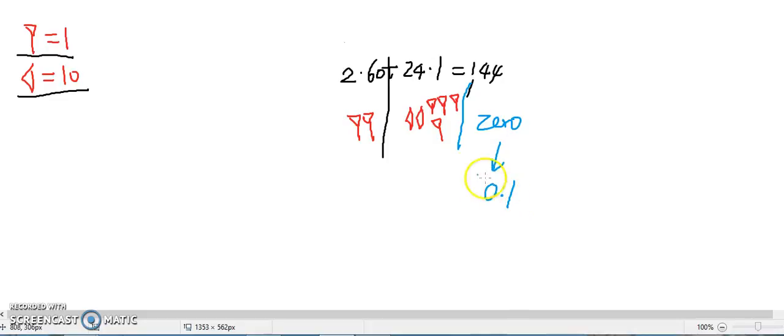So we get 0 ones plus 24 of 60s plus the third place, 2 of 60 squared, and adding together we will get 8,640. So there are different ways to look at this number depending on if there's a 0 in the end or possibly a 0 in the middle.